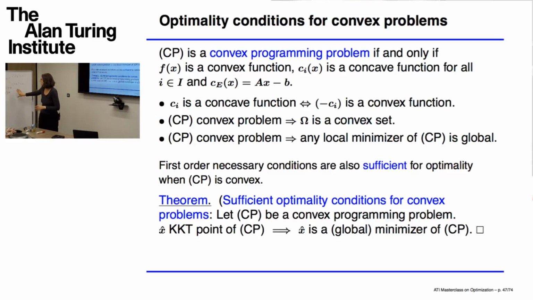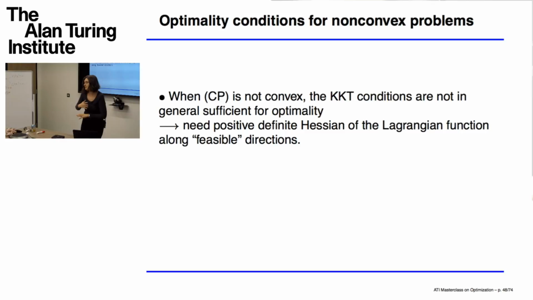Because of the way we wrote these constraints, to have them be convex, the equality constraints have to be affine, and each one of these inequality constraints has to be concave. That will give rise to a convex feasible set. Right, so this is just brief. Now, first order, again, is not going to be enough to characterize minimizers. And again, you have to look at second order and second order critical points of the Lagrangian.